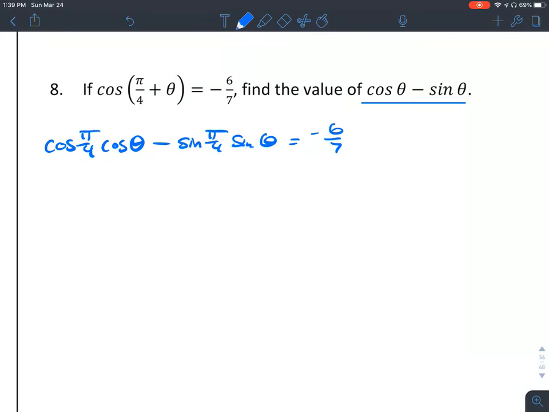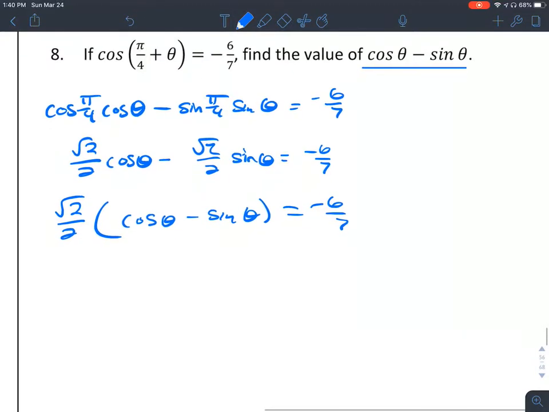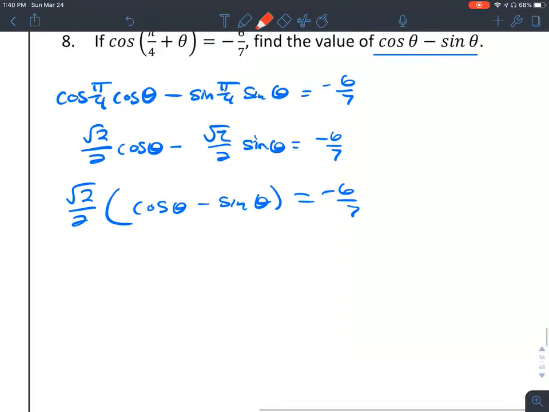Cosine of pi over 4, that is square root of 2 over 2 from the unit circle. Sine of pi over 4 is square root of 2 over 2 from the unit circle. GCF here is square root of 2 over 2, so I can factor that out. Oh, I see. So this is how we're going to get cosine of theta minus sine of theta. We just found it.